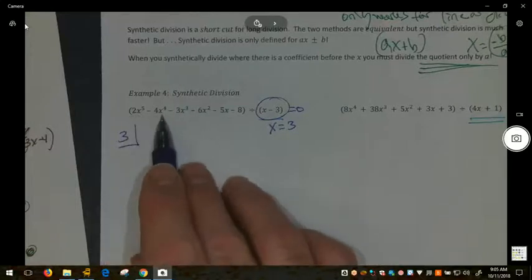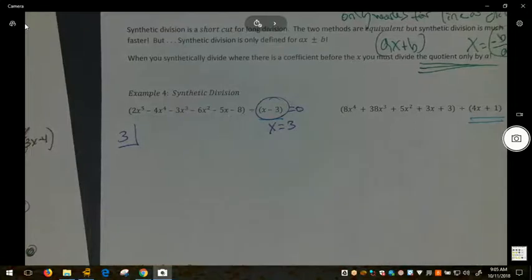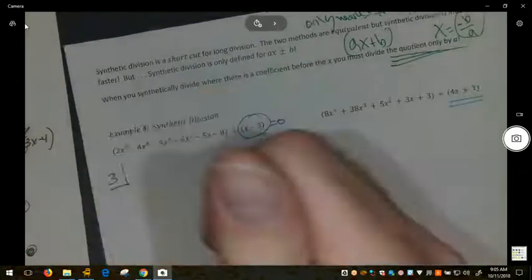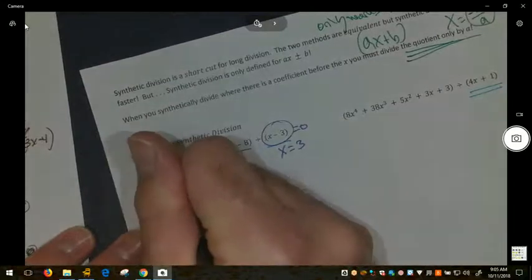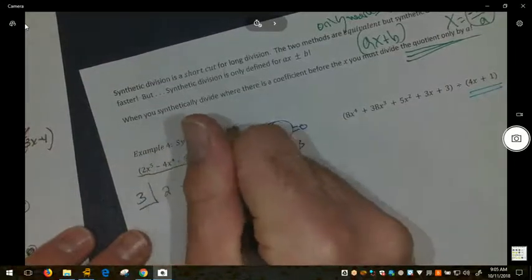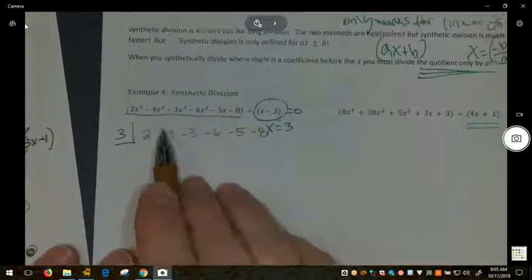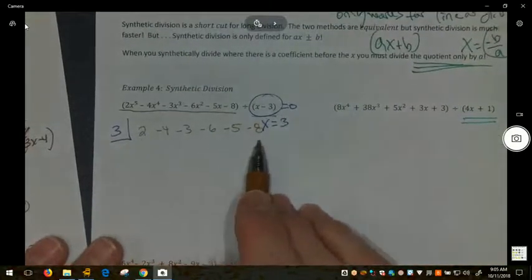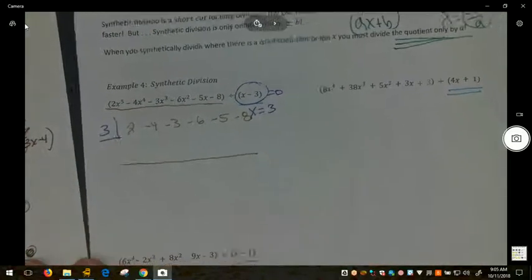I'm checking to make sure there are no missing terms, because if there are, I have to put a 0 in for them. So for this dividend, I'm going to put in 2, -4, -3, -6, -5, -8. I'm leaving some space and putting a line.